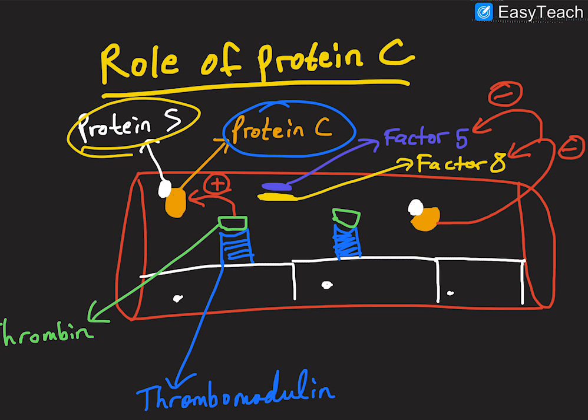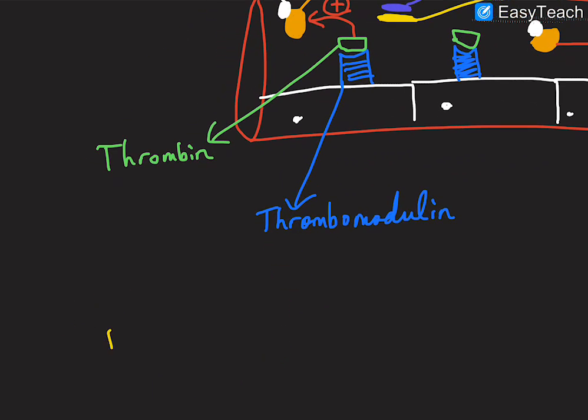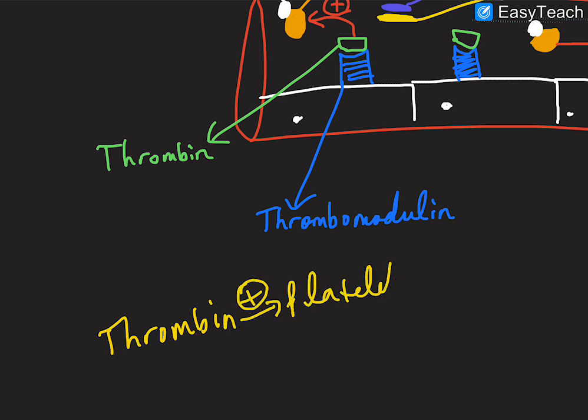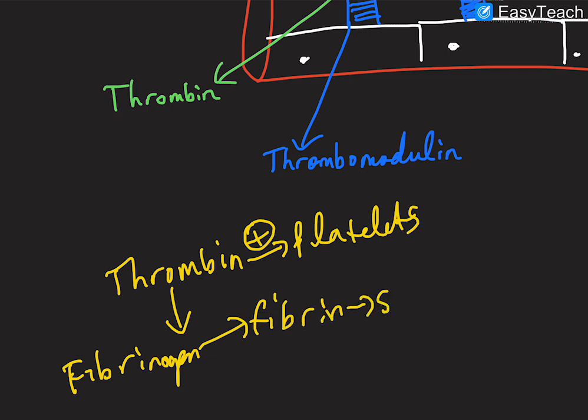Now, we're familiar with thrombin, which is factor 2. In the normal clotting cascade, we know thrombin not only activates and aggregates platelets, so it can stimulate platelet activity and platelet aggregation, it also converts fibrinogen to fibrin so that you can stabilize clots.